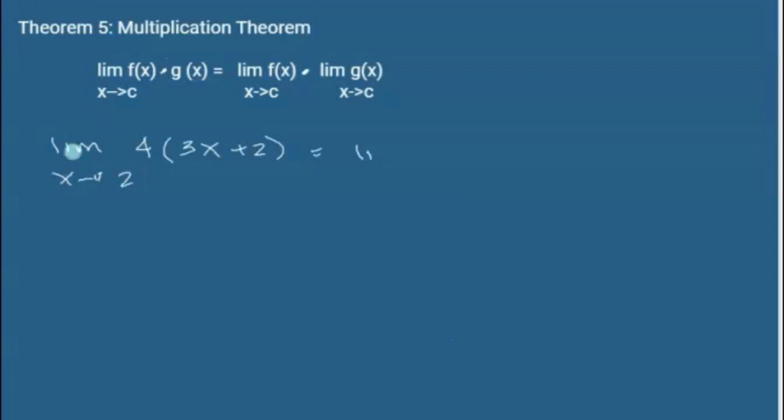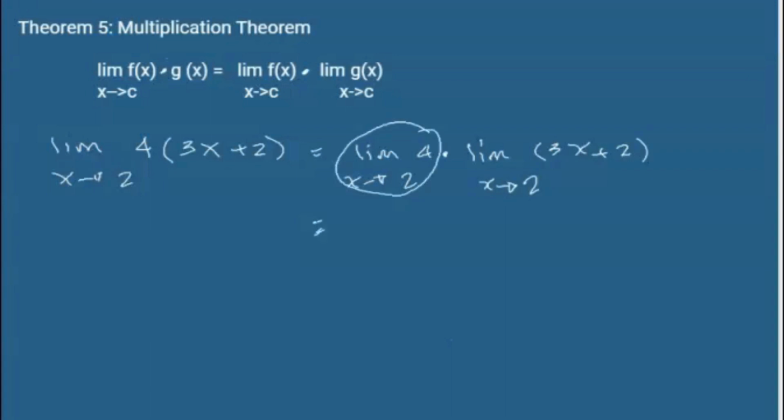So we have the limit of 4 as x approaches 2 times the limit of 3x plus 2 as x approaches 2. So for this one, this is a constant theorem, so the answer here is 4.